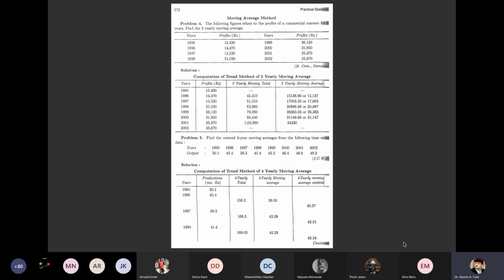The middle year will come somewhere in between 1997 and 98. What is the sum? 168.3. 168.3 is the sum, and you have to write it in between 97 and 98. Do the same thing till the end.